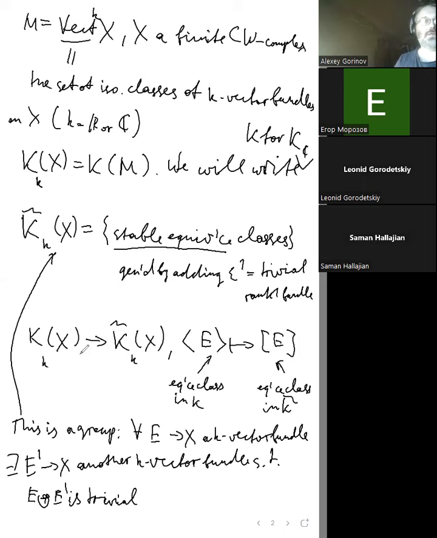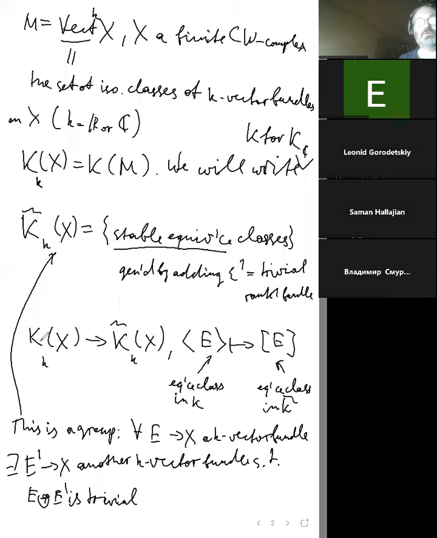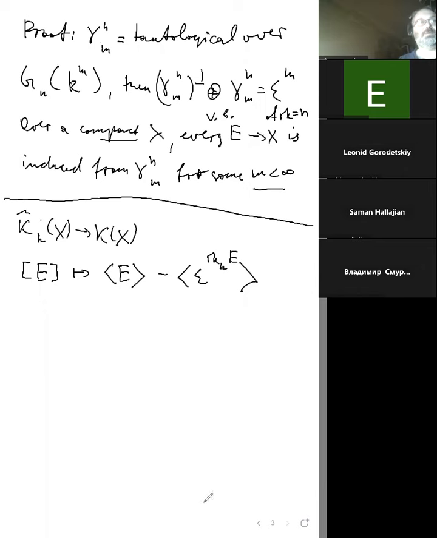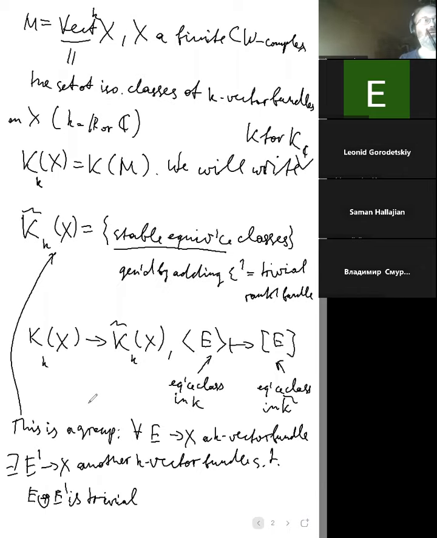What is the kernel of this map from K without the tilde to K with the tilde? Well, let's write it here.